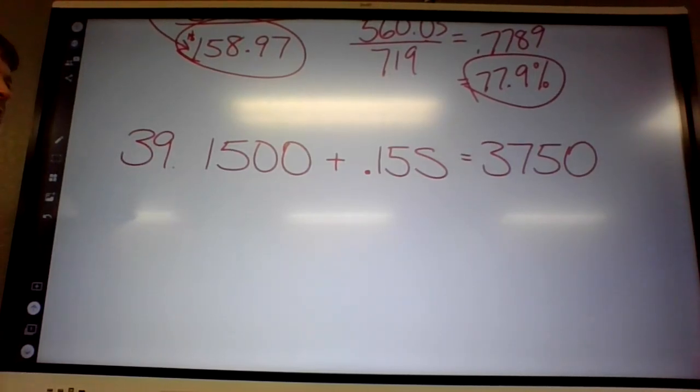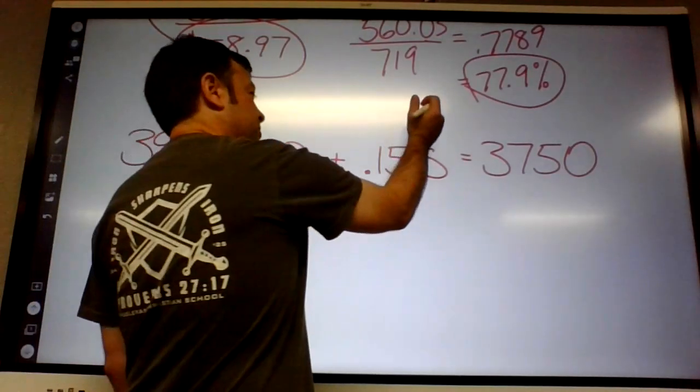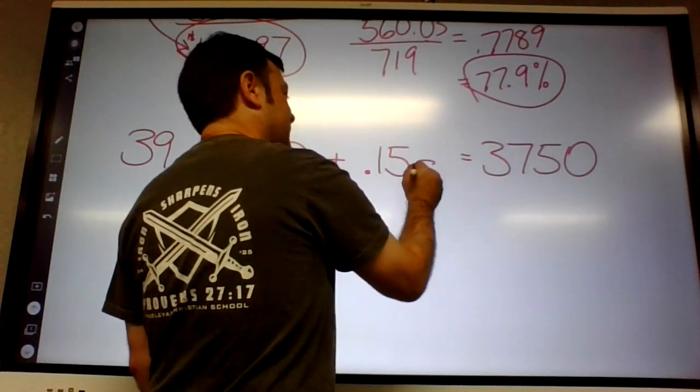S might not be the best letter to use because it looks like a 5. Just use an N, please. It kind of reminds you what it stands for, though. Or you could use a lowercase s so it looks less like a 5.